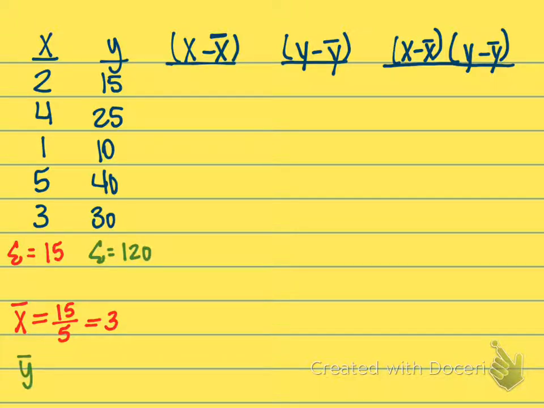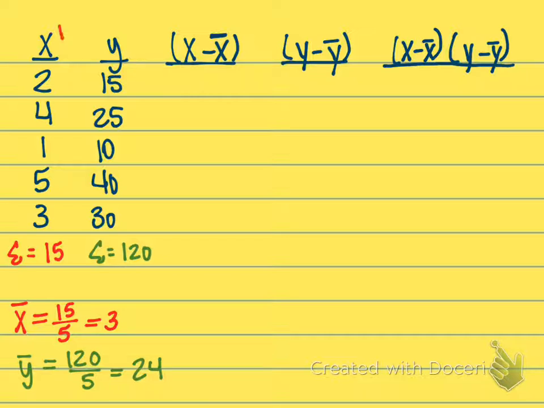And so to find y bar, I'll take that 120 total, divide by 5, and get a sample mean for y of 24.